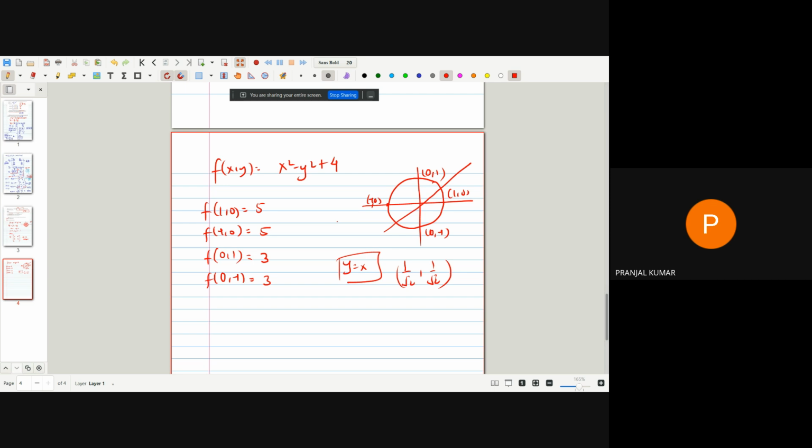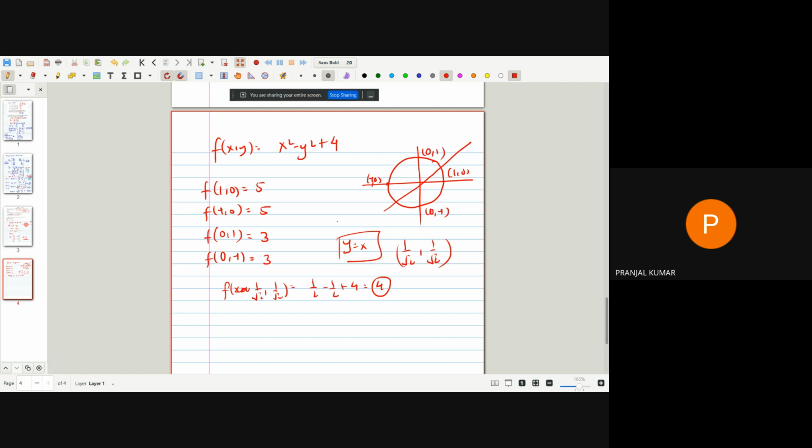Yes, sir. So f(1/√2, 1/√2) is equal to 1/2 minus 1/2 plus 4. That will give you 4.